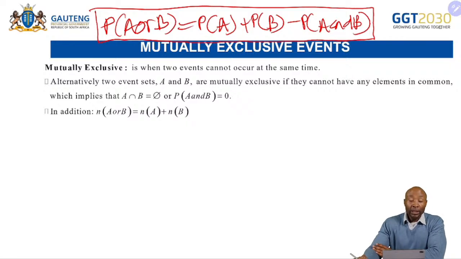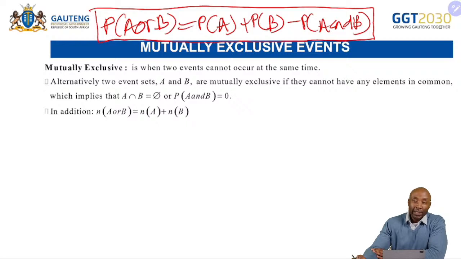Now, mutually exclusive events are events that cannot occur at the same time. I'll give you an example of even and odd numbers. You cannot have an odd number which is also an even number. So those events are mutually exclusive.